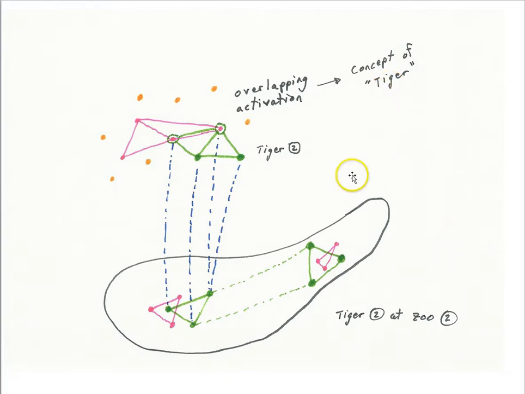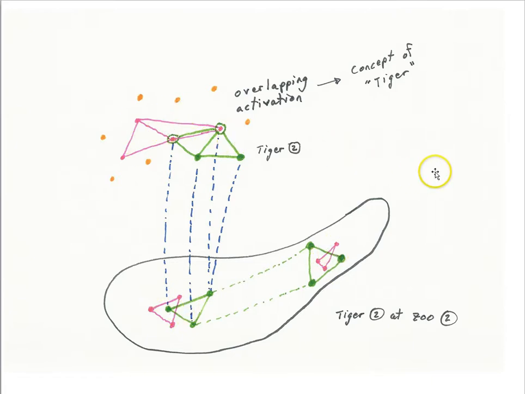Now, at this time, if someone were to ask the person to remember Tiger 1 at Zoo 1, they might be able to retrieve a detailed, rich, and context-specific memory of Tiger 1 at Zoo 1, and that would be the pink memory traces here in the hippocampus and the cortical trace here.